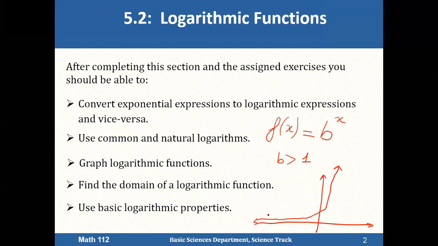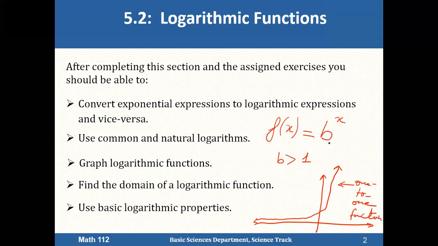Okay, so we said that this is a one-to-one function, since if you take the horizontal line test, any horizontal line crosses the graph in only one point.